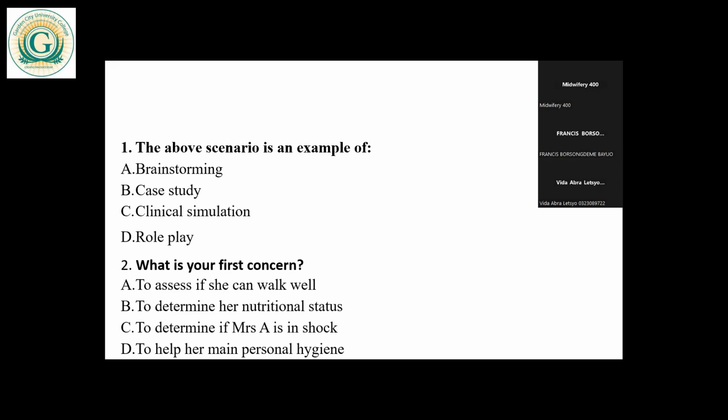To assess if she can walk well, because that's the first assessment that we do. Even in our labor ward, when they come with their relative holding them, we try to assess them to see if they can walk well before we help them. If they cannot walk, that's when we try to help them. So we do that one first before we assess for the shock.